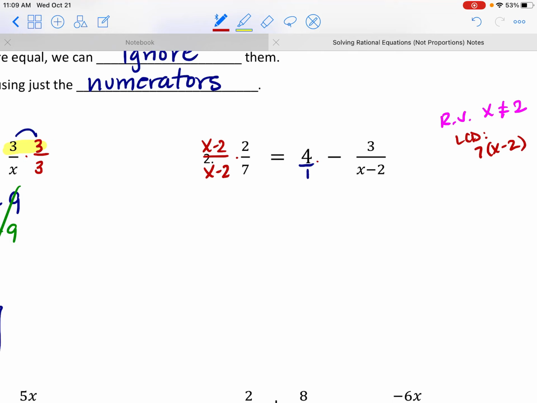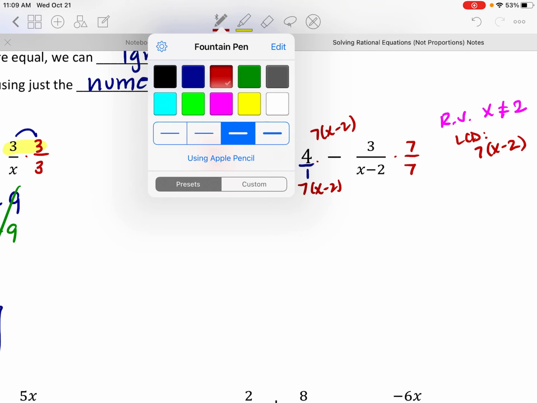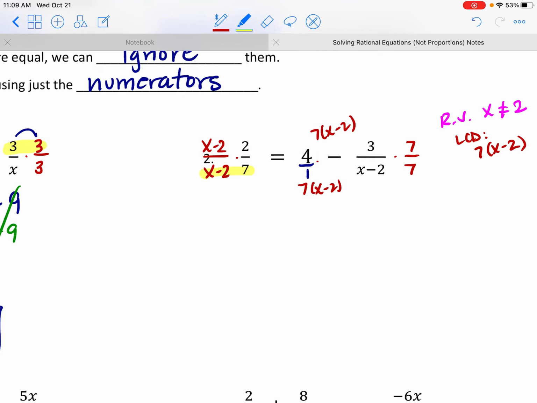The 4 has to be multiplied by the whole thing, the 7 and the x minus 2, over 7 and x minus 2. It's messy, but top and bottom have to be multiplied. And then here we've got the x minus 2, but we need to multiply by 7. And now again, just to double check, I have 7 and x minus 2, 7 and x minus 2, 7 and x minus 2.